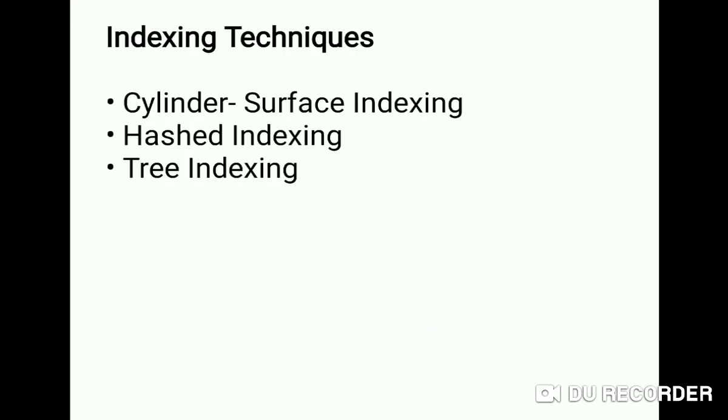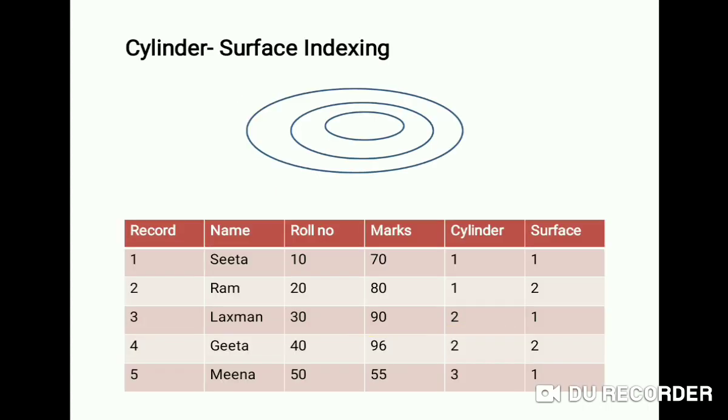Now there are some techniques of indexing. There are three techniques of indexing. First is cylinder surface indexing, second is hashed indexing, and third is tree indexing. Out of which first we'll see cylinder surface indexing. So can you observe that cylinder like surface in this particular PPT?